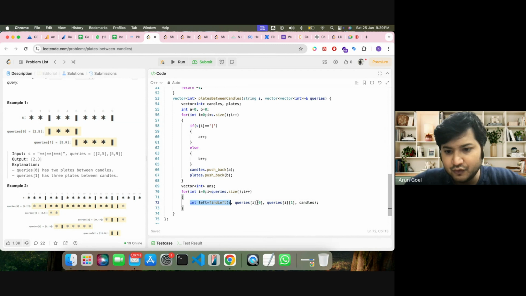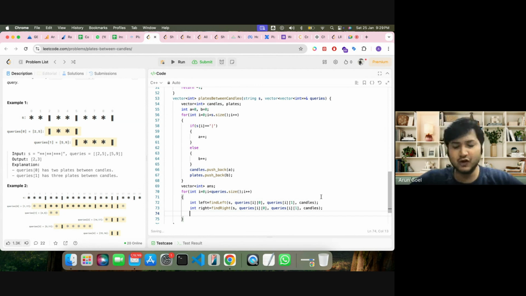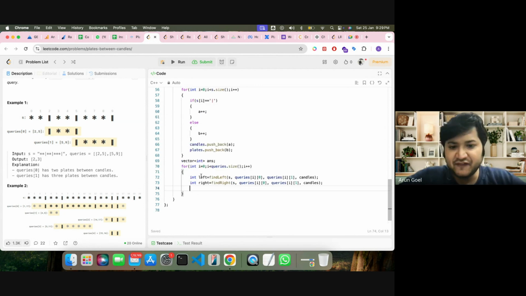Same way you're going to pick the right one also. Right में ठीक है, यहाँ पे find right, ठीक है. Now what do we have to do? If any of them is -1, which means there is only one candle left.